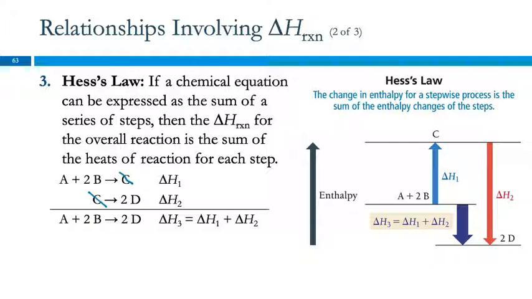The reason this is really cool is because there are some things that are difficult or almost impossible to actually measure. But if you can find a series of chemical reactions that can be measured, or even better, someone else has measured and you can just look up in the CRC, then you can just add them together and you don't actually have to do an experiment.